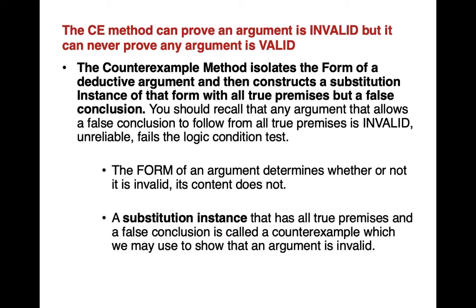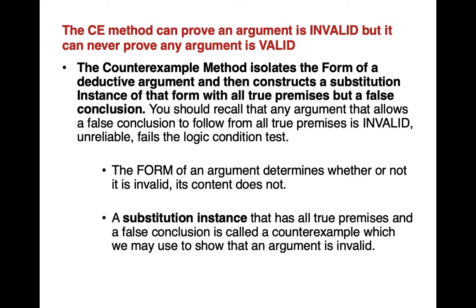The counterexample method can prove an argument is invalid, but it can never prove an argument is valid. You recall from our discussions, a counterexample demonstrates, by example, that a claim is false, that a conditional, for instance, is false whenever its antecedent condition is true but its consequent is false, because all conditionals, hypotheticals, implications, say whenever the first part's true, so is the second part.